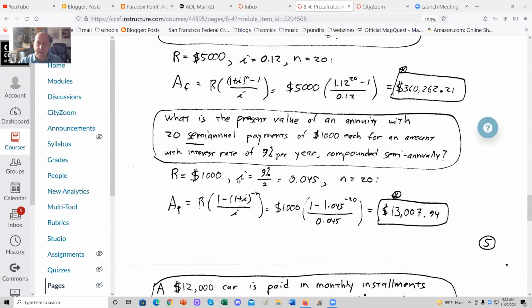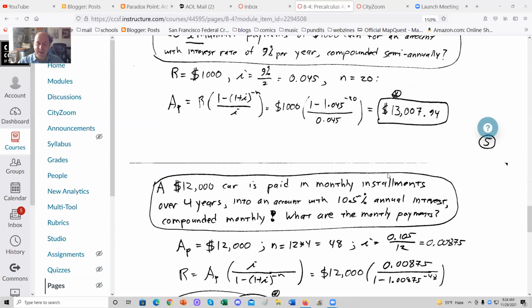So 1,000 times (1 minus 1.045 to the negative 20th) over 0.045. After some calculation, that's $13,000. Now, it should be noted that we paid $20,000 throughout the whole period to get a $13,000 value now. It's a $7,000 difference, which is basically being paid strictly to the bank for the privilege of borrowing their money. So in terms of present values and mortgages, compound interest is not your friend.